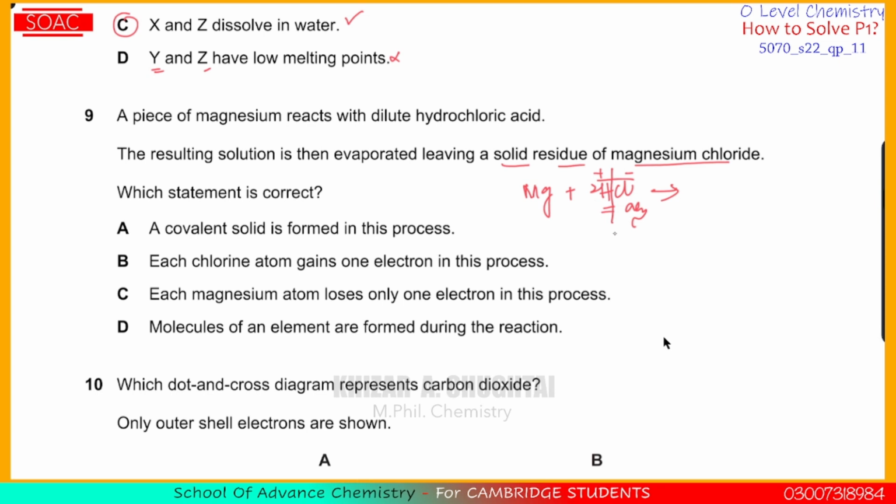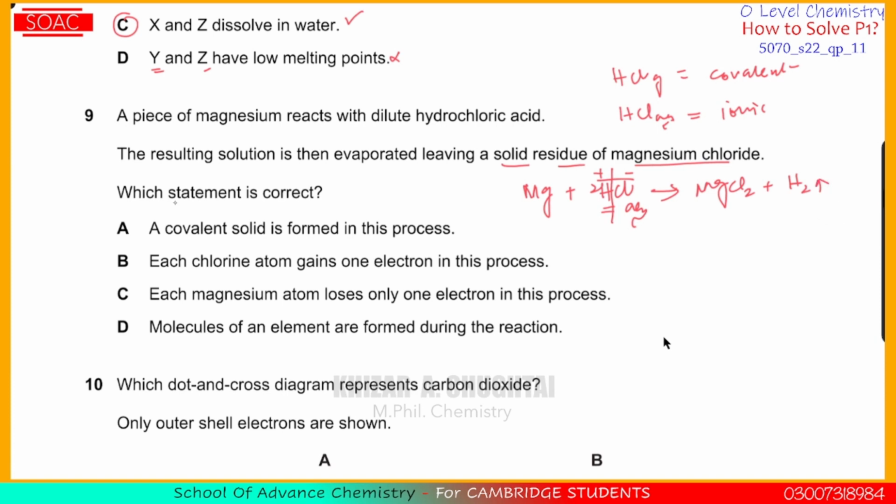HCl aqueous is not a covalent compound. HCl gas is a covalent compound, but HCl aqueous, hydrochloric acid, is said to be ionic. It gives MgCl2, an ionic compound, plus hydrogen gas is given off.